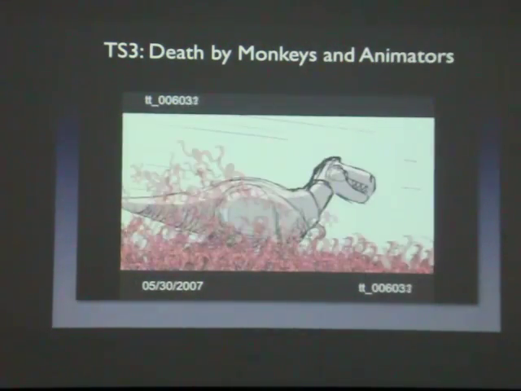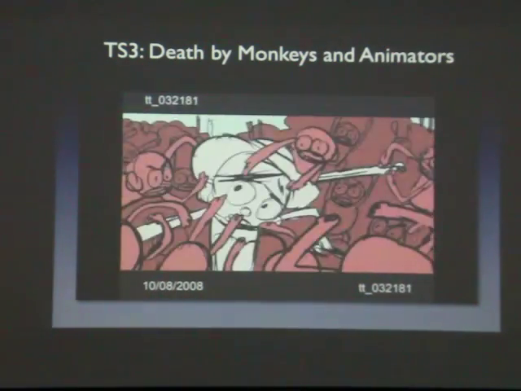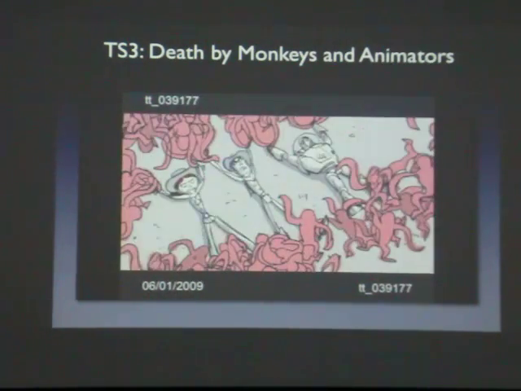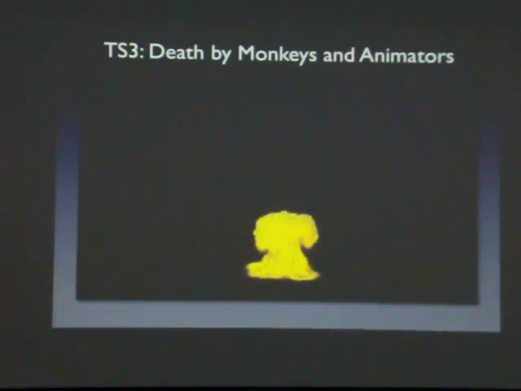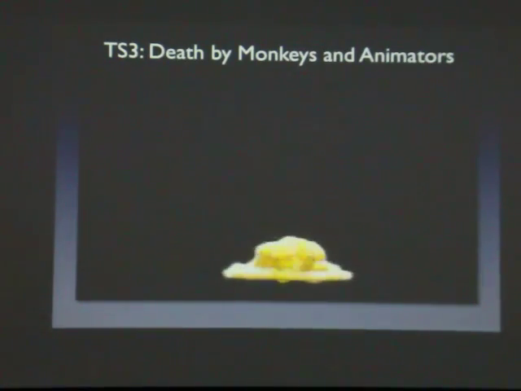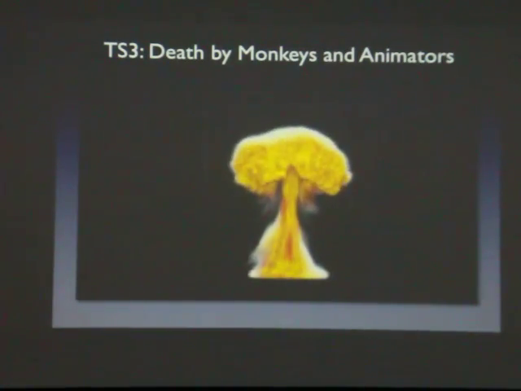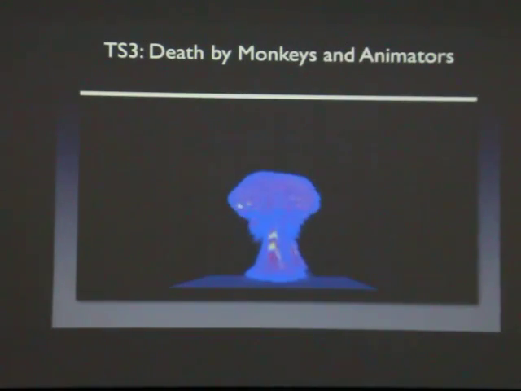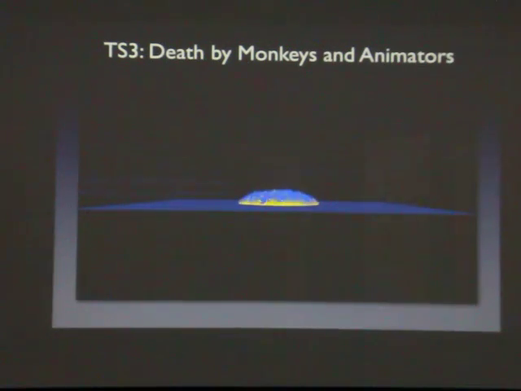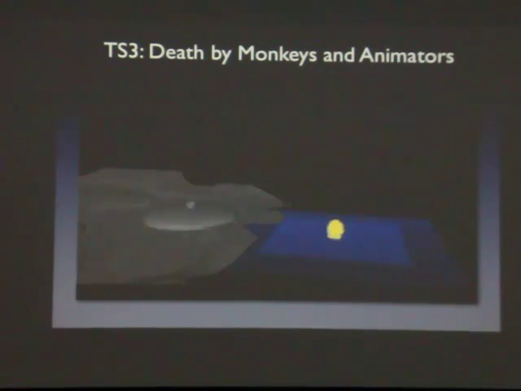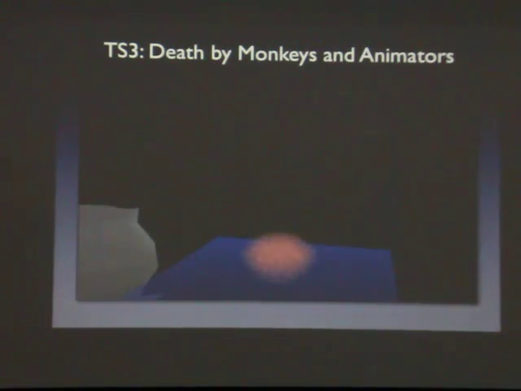This is one where it was such a specific kind of crowd that we ended up not using Massive or the other systems. Rather, because this crowd looked more like a fluid, we actually used fluid simulation to do a mushroom cloud, and then we advected the monkey particles through the fluid, including for the shockwave as well.